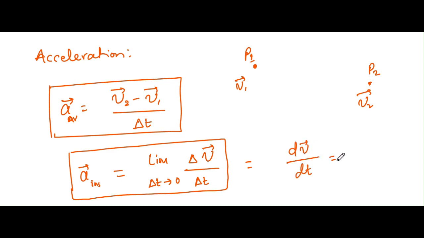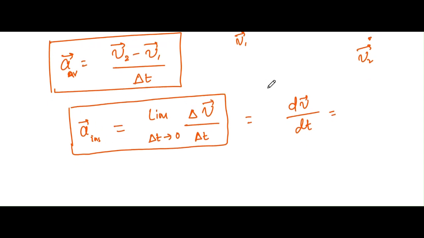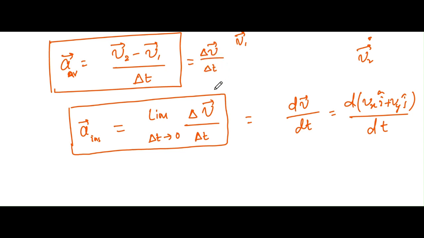And of course, you can extend the argument. You can just write this into its components, and then you can get the acceleration along x-axis and y-axis, meaning the component of acceleration along x-axis and y-axis. The same thing can be done here also. This will be delta v vector divided by delta t only. And of course, we can write it into its components, and then we can get the components of average acceleration along x-axis and y-axis.